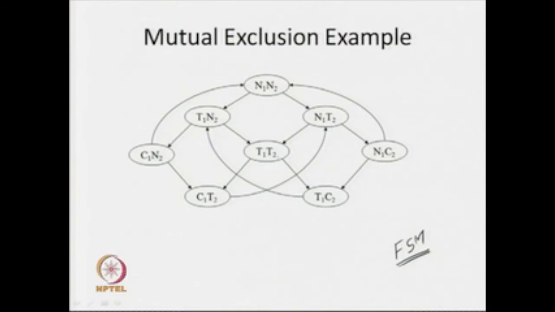Now, when both are trying to enter the critical section, one will go, say process P1 will go into the critical section, so it will follow this particular path. Process P2 will go into the critical section, then it will follow this particular path and from that it will come to this T1 state. So, you just see that with this state transition machine, we have basically given the behavior of our system.